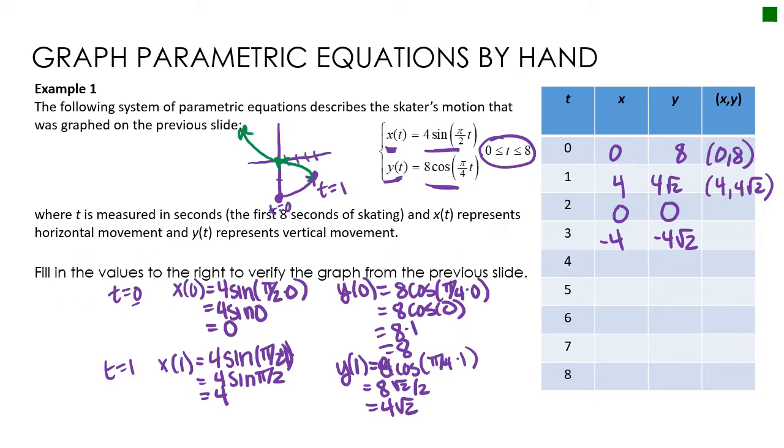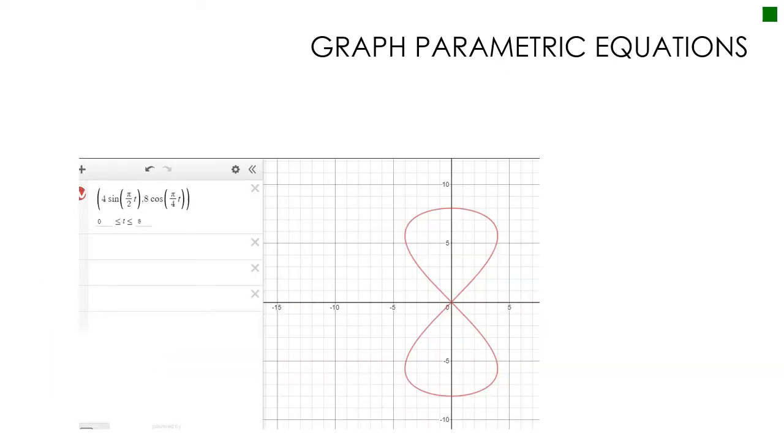You're showing the direction the skater is going in relation to time, or rather the place the skater is at. When t equals 5, you get (4, -4 root 2). When t equals 6, you get (0, 0), then (-4, -4 root 2), and then (0, 8).